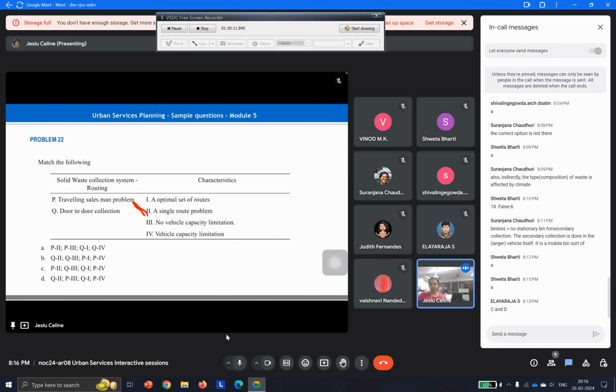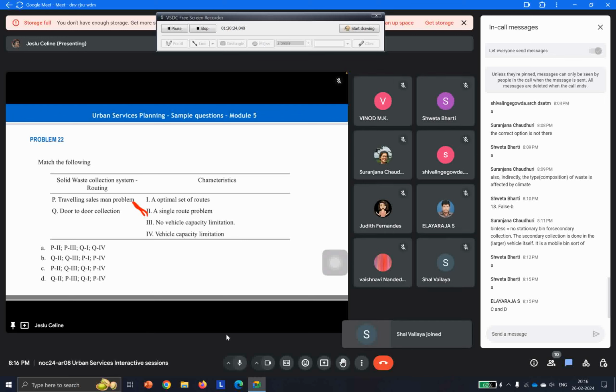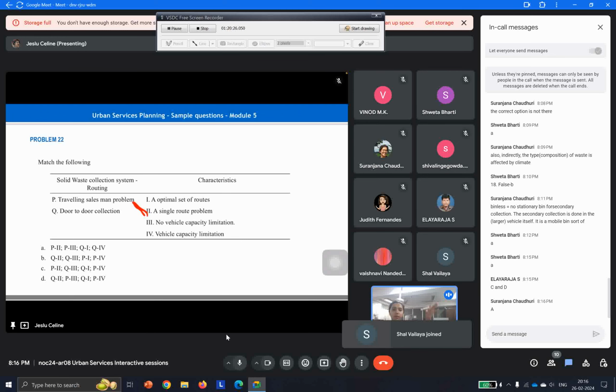So in a traveling salesman problem, are we talking about vehicle capacity? It mainly talks about the lowest distance, but there's also the fact that we are talking about one vehicle. So we also need to look at the overall capacity of that vehicle. So that would be what P would be.